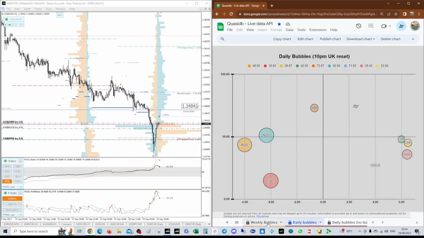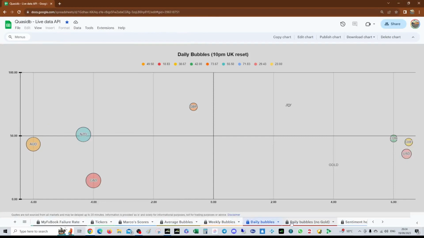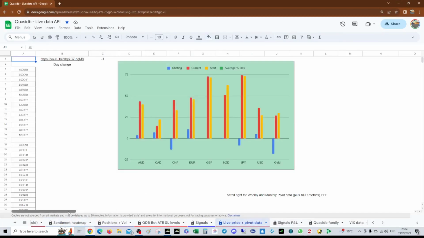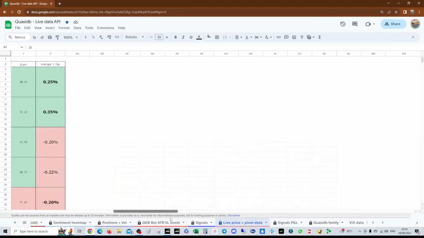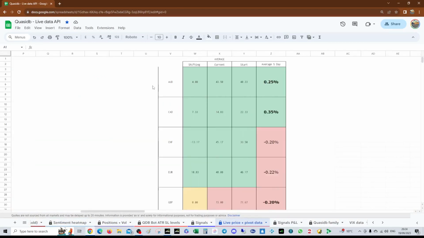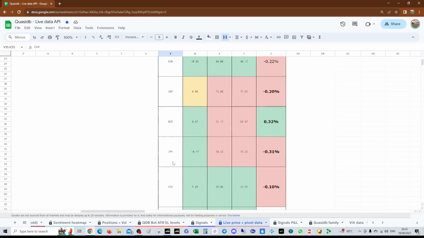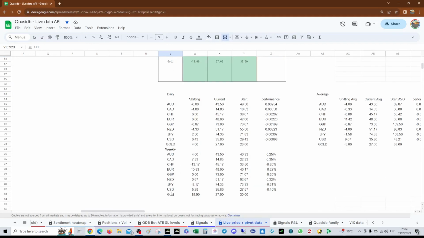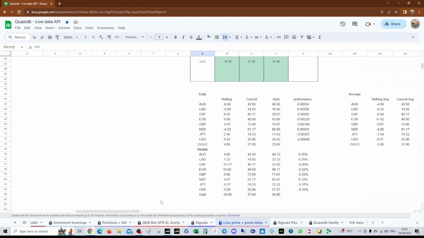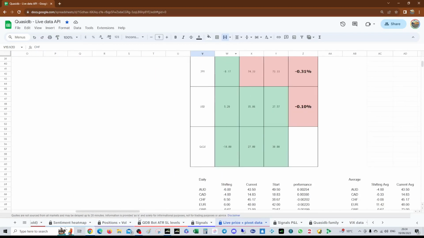So we have to remember bubbles are made up of constituent parts. So we've got the Aussie against all its peers, the CAD against all its peers, the Swiss franc against all its peers, the euro, the pound, Kiwi, yen, dollar, right? And we're getting all this synthetic information from that data.